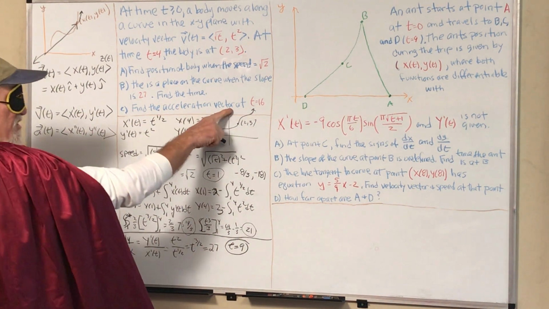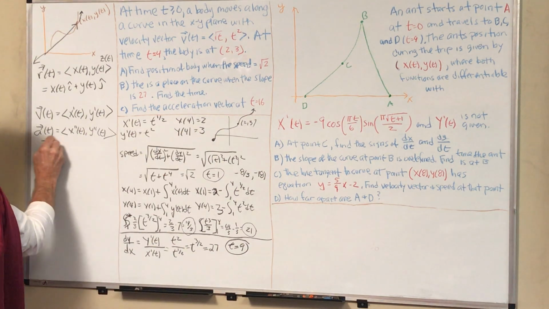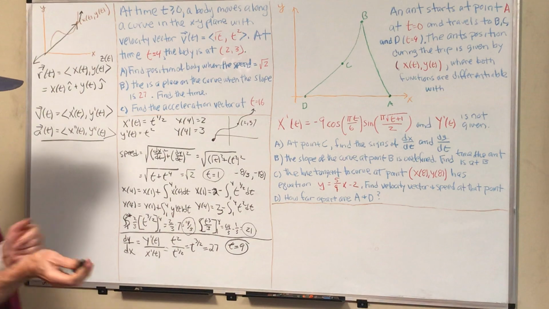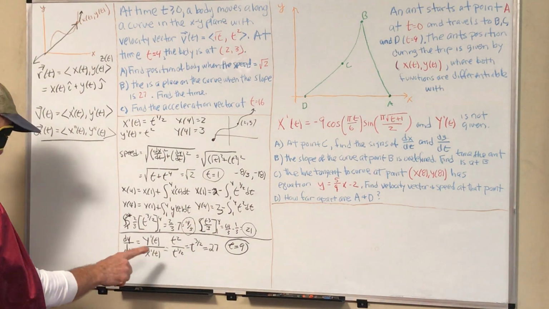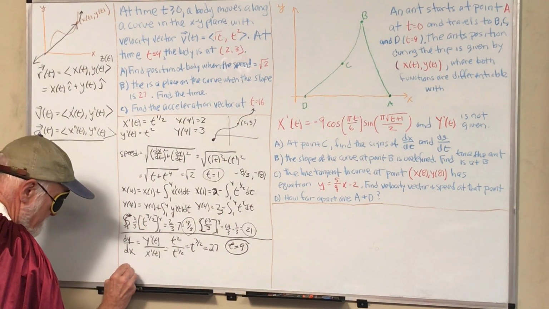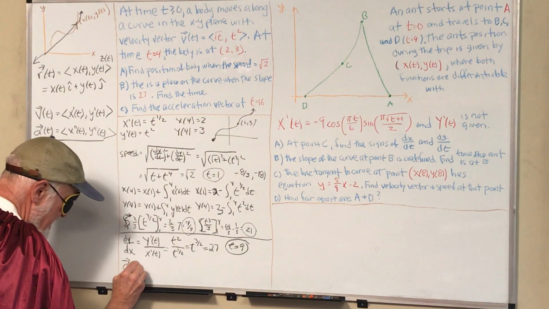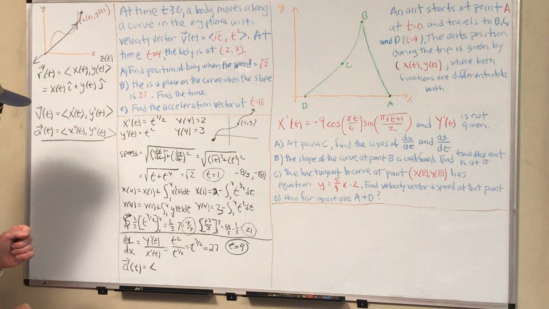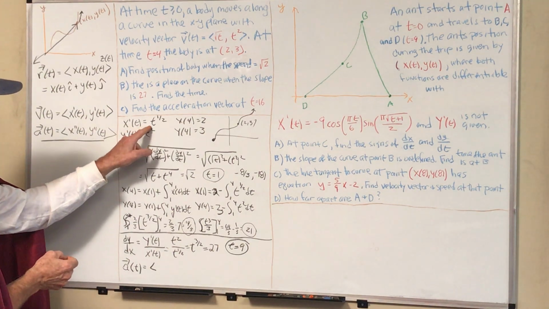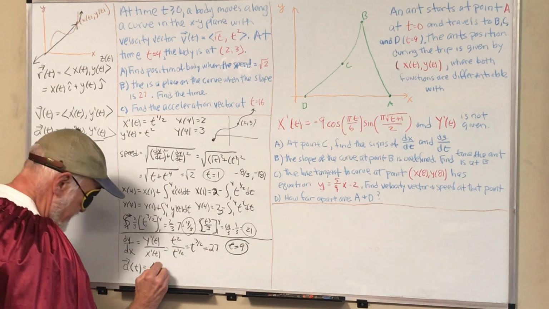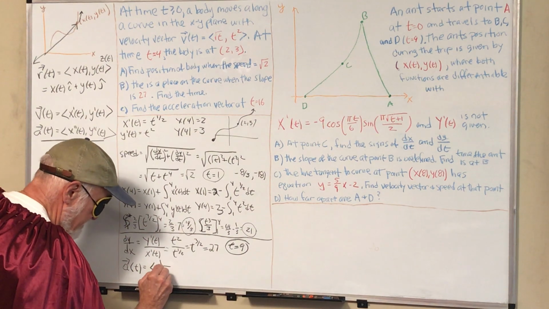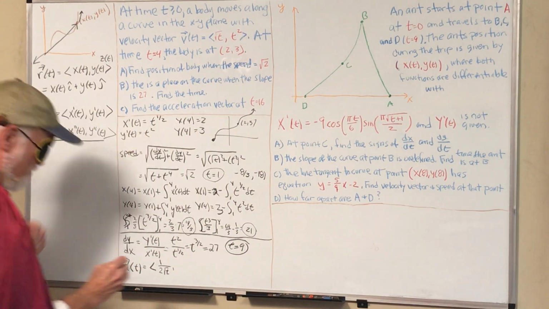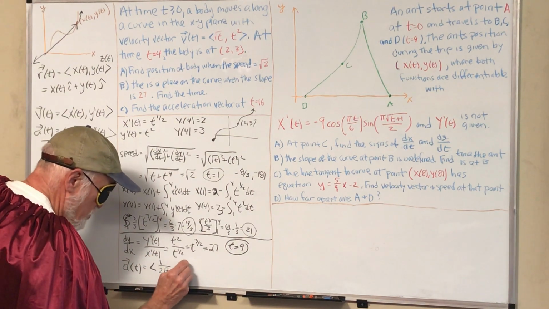Now, as far as the acceleration vector is concerned, we haven't talked about the acceleration vector, but it's not a big deal. All you have to do is take the derivative. So a of t, you're going to get by taking the derivative of x prime of t. So you get 1/2 t to the negative 1/2, and y double prime of t would just be 2t.